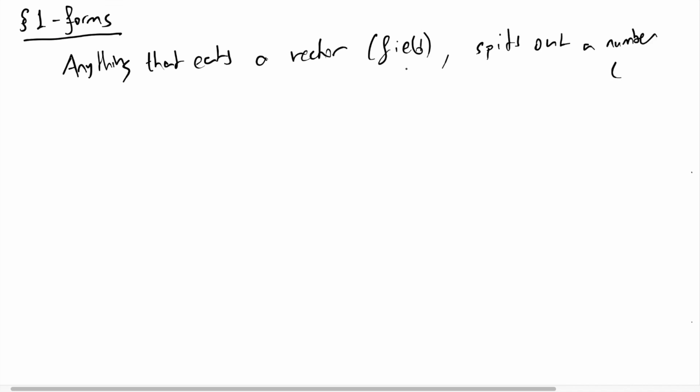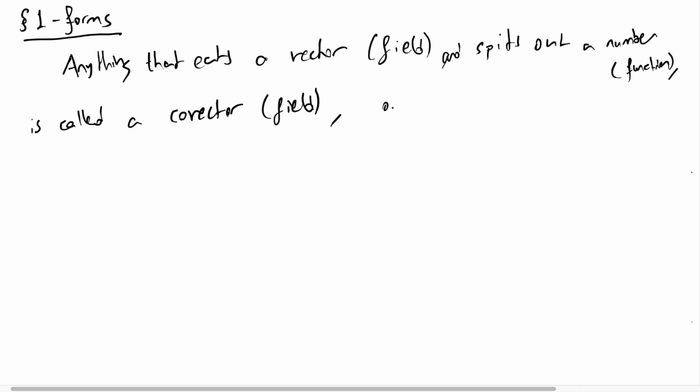Or in the case that you have a vector field, so you have a collection of vectors, you're supposed to spit out a collection of numbers, hence a function. And such a thing is called either a covector, or a covector field if it is a vector field, or sometimes called a one form.